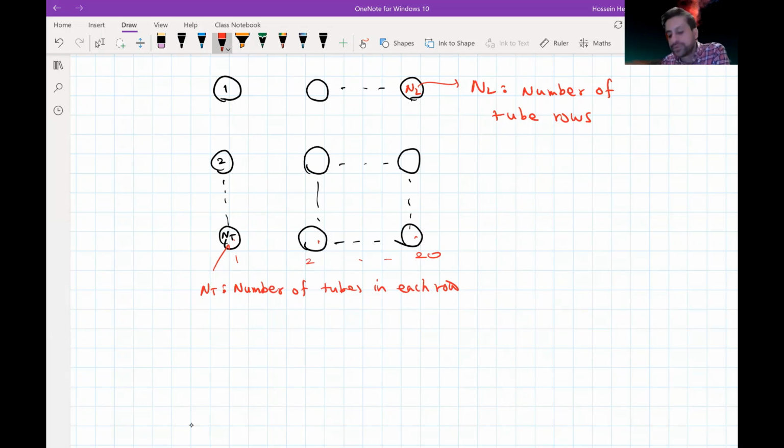We should have a heat exchanger with 20 or more of these rows to use that equation. Otherwise, we need to do corrections. So we have NL, we have NT, and N is the total number of tubes.